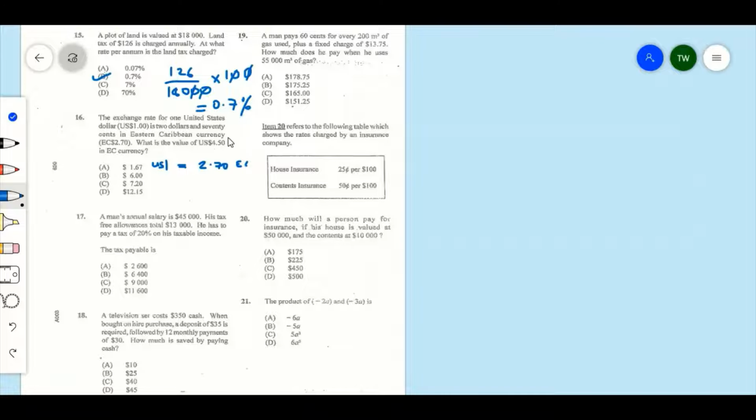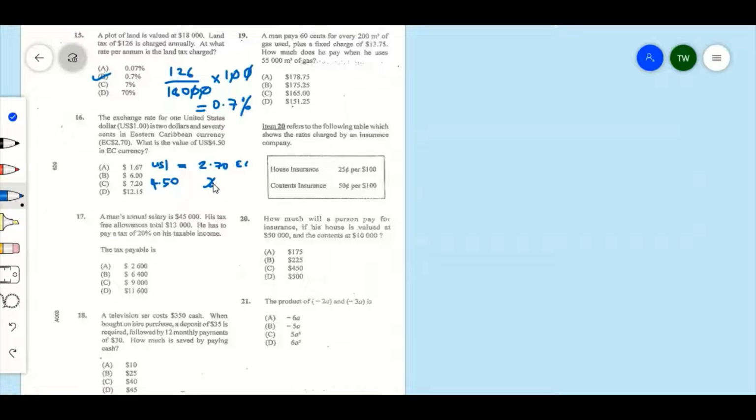Now they give us $4.50 in US, so we have $4.50, and we want to know what this is equivalent to, which is X EC dollars.